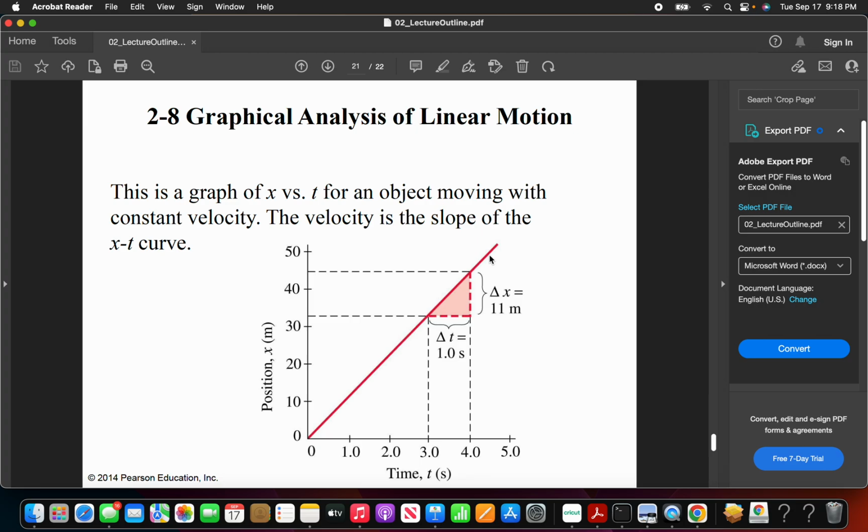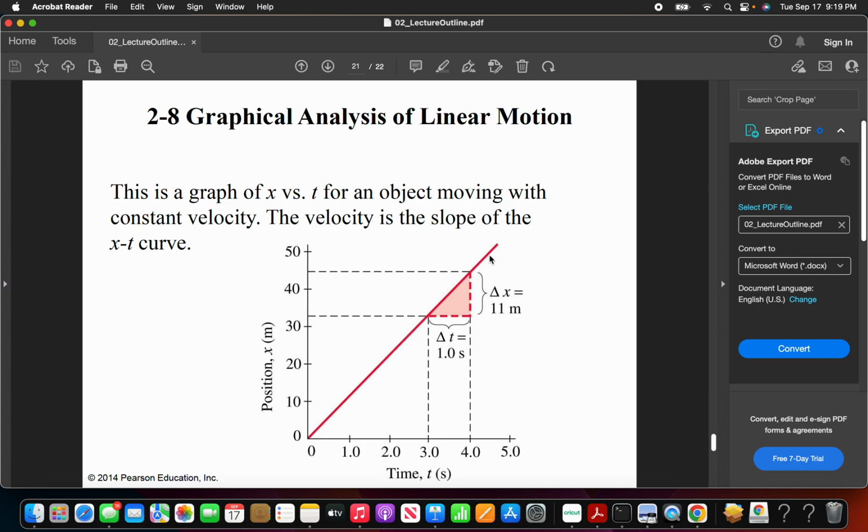So we've sort of done some of this already when we looked at the two different horizontal lines, but let's look at it here, right? This is more of a line which is not completely horizontal and it's not vertical either, right? So it has a slope, right? The velocity is the slope of the x versus t curve, right?